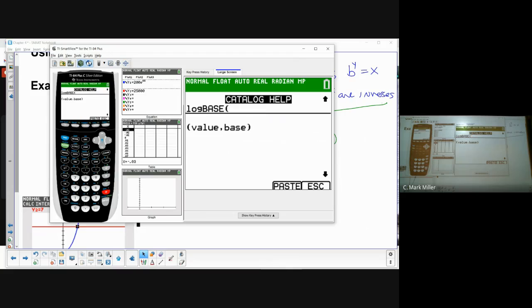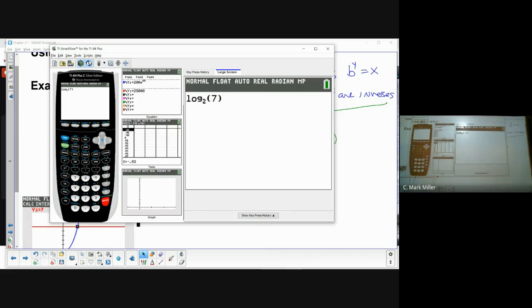Log, the value, I want 7. Base. I'm going to show you another way here in a second. 2. Enter. Divided by 3.